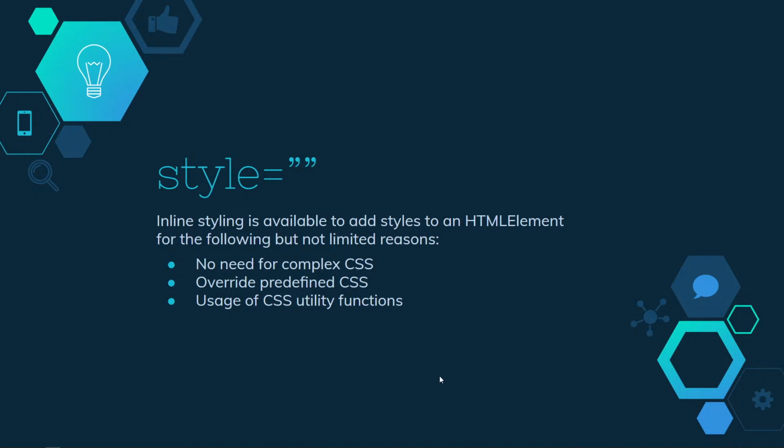There are some good reasons why you'd want to do something like this. Say you don't need a CSS file, that's too complicated, no, I don't want to do that. My website's super basic, I just want to change the color here and call it a day. Fine, then you can use the styling here. No need for complex CSS.